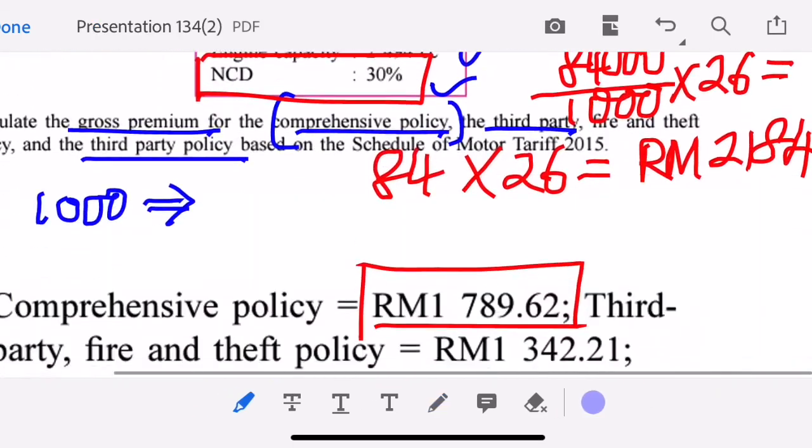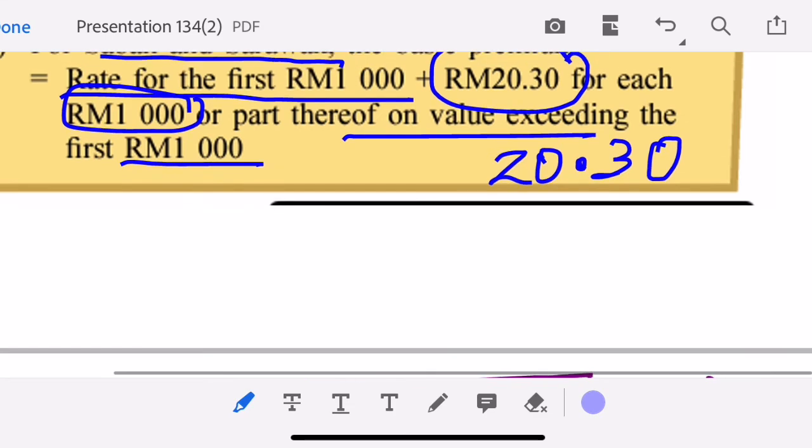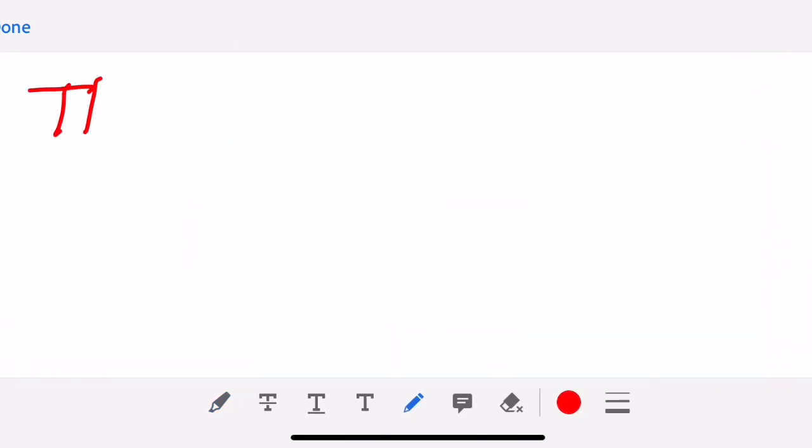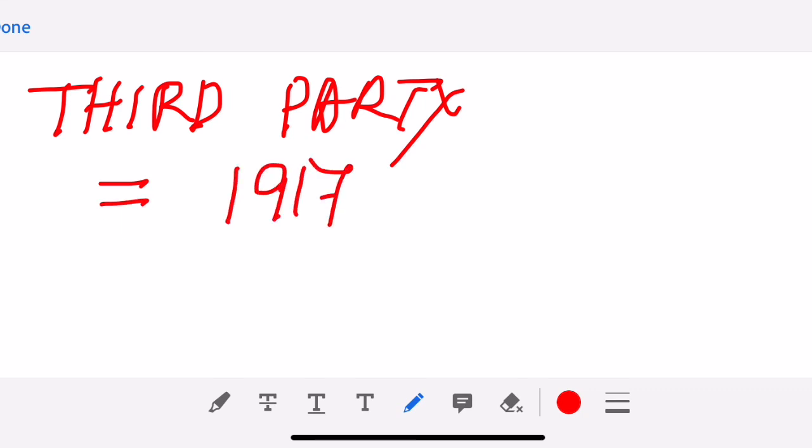So for the third party, let's do it here. We will take 1917.45, which is 75% of the basic premium just now, minus out the 30% of this amount.